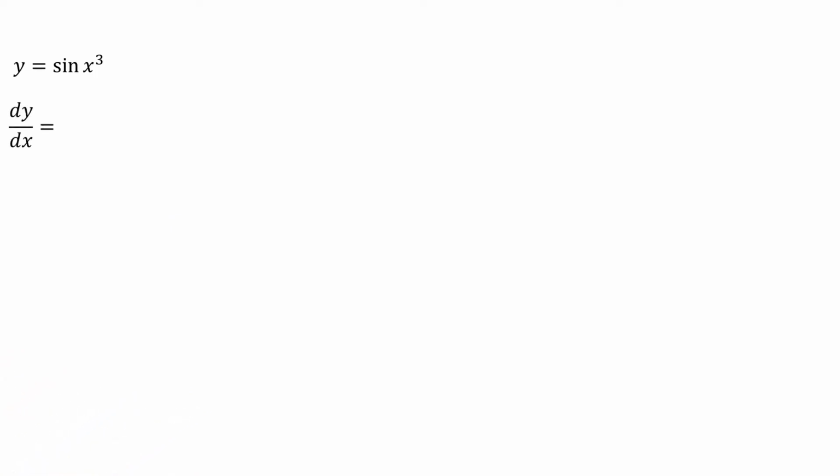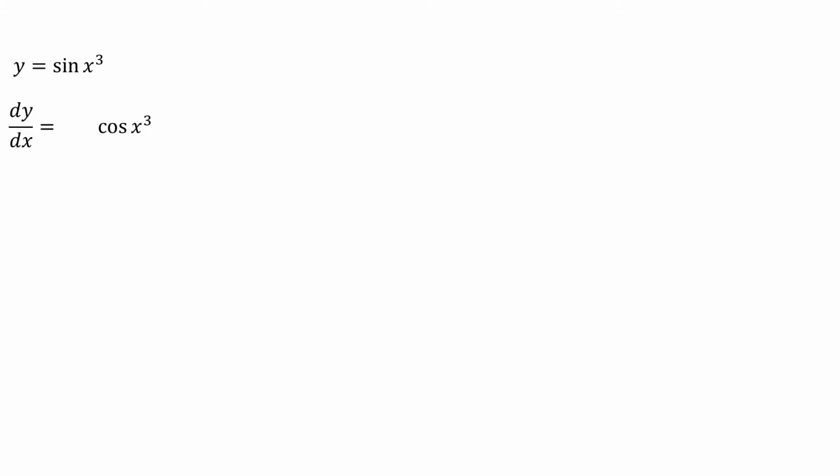So if I want to take the derivative of y with respect to x, the derivative of sine is just cosine. So I'm thinking, okay, I just have cosine of x to the third. Except there's something inside the cosine function, right? If I look at the original sine of x to the third, there was something inside the sine function. There's an x to the third power.